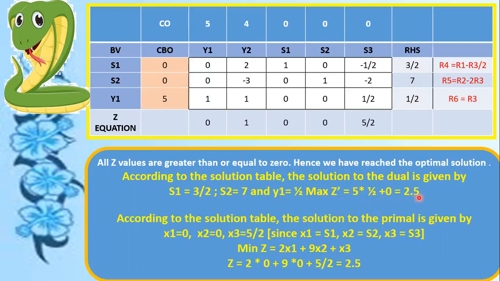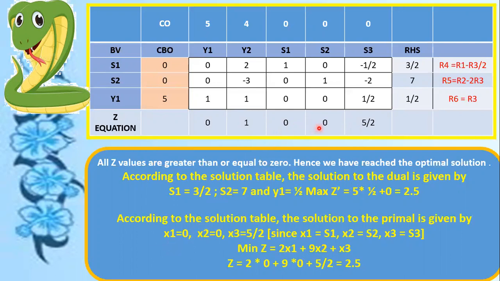In the same table, you have to get the solution to the primal. If you want to get the solution to the primal, then you have to see the S1 column, S2 column, S3 column. What is the value of S1? 0. So that will be equal to X1.